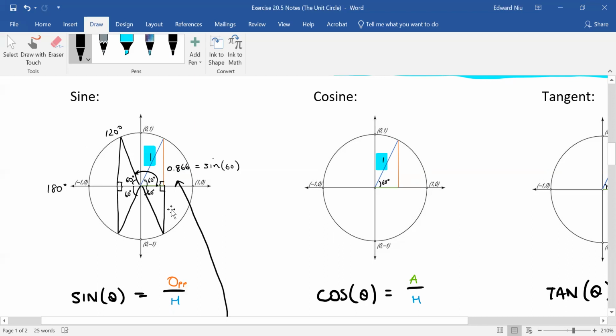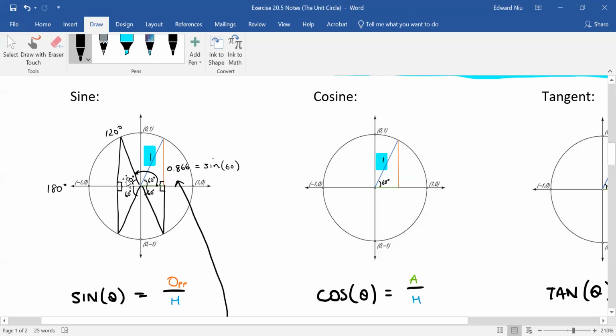So C, cosine is positive, A, all the three trig ratios are positive here. S, only sine ratios are positive here. And again, if you want to prove it, just plug in, I guess, 1 and then the opposite side length to prove it.